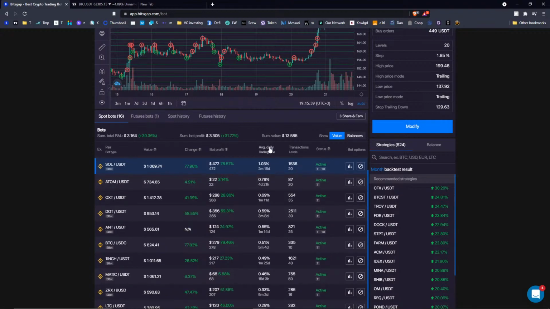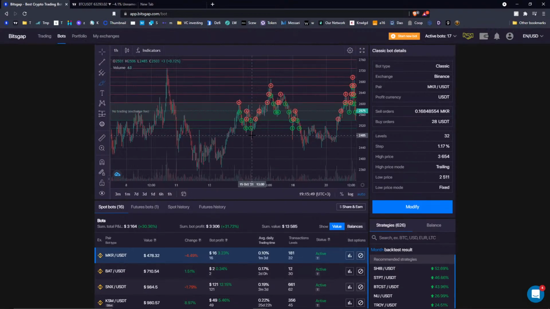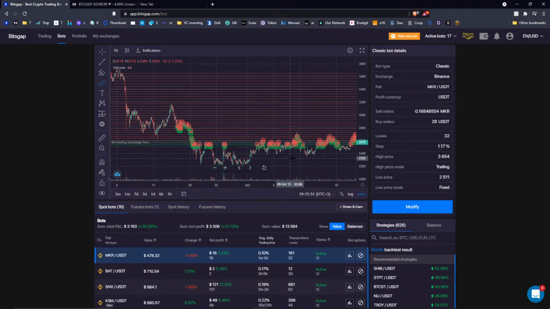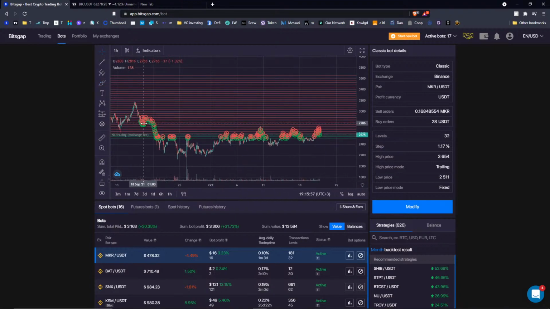Of course, when I see bots that bring me, like you see MKR for 1 month, it made me only 3%. That's like the worst result I have. And that's because pretty much it all ended up where I started it, even lower actually. So I started here at this price and now it's trading lower.